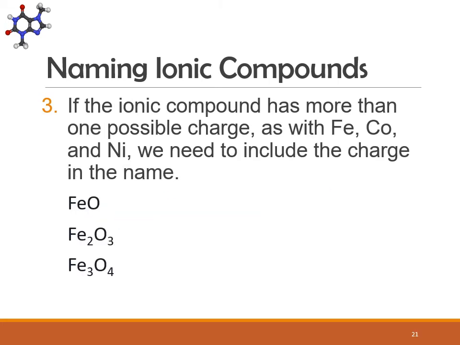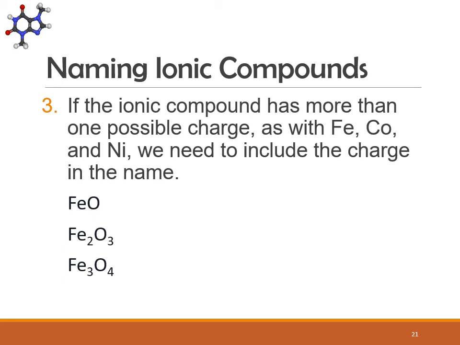Some elements, especially those belonging to transition metals, can have ions with more than one possible charge. For example, iron, cobalt, and nickel come in 2 forms, a 2+ charge or a 3+ charge. When naming these ions, we need to indicate which form is part of the compound. We do this by writing the charge using Roman numerals after the name of the cation. So for our example, we have 3 forms of the compound with iron and oxygen.